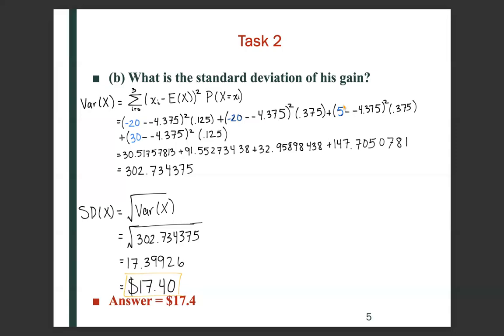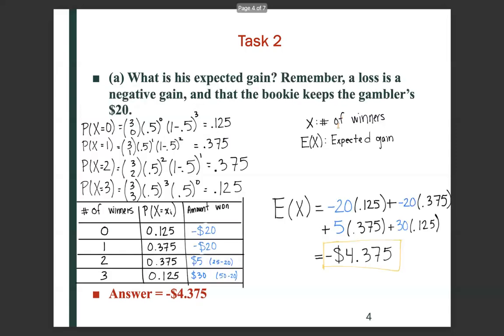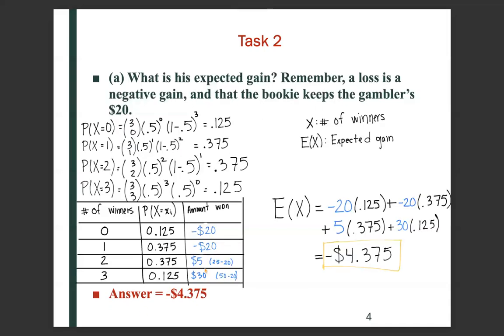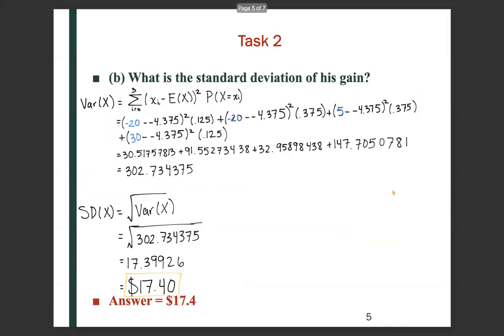plus 5, right here, 5 minus negative 4.375 squared times the probability that x equals 2. So that's 0.375. So that's written here. And then plus 30 minus negative 4.375 squared times 0.125.